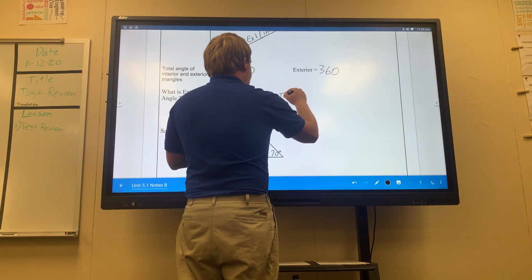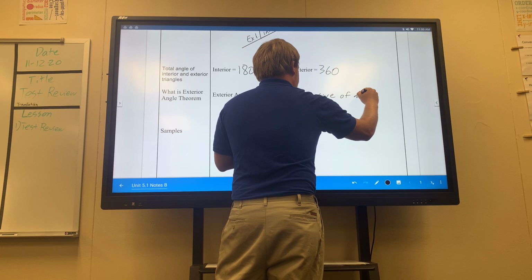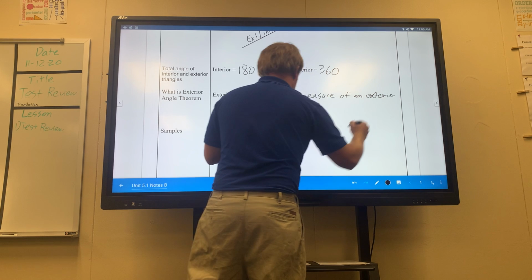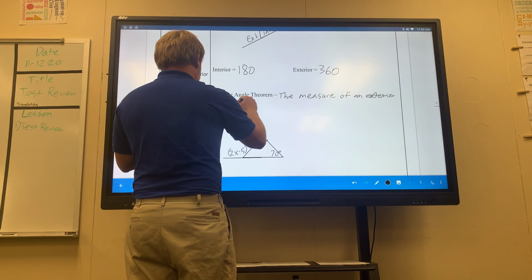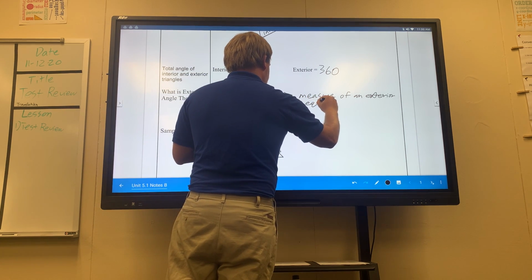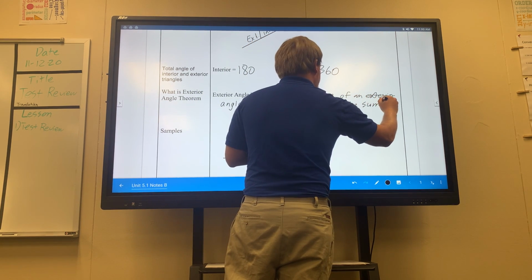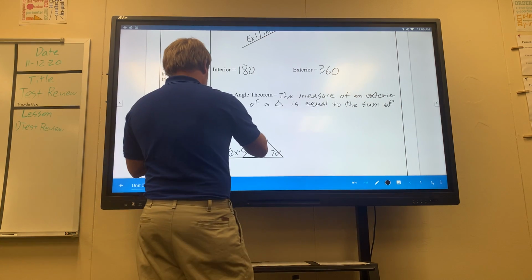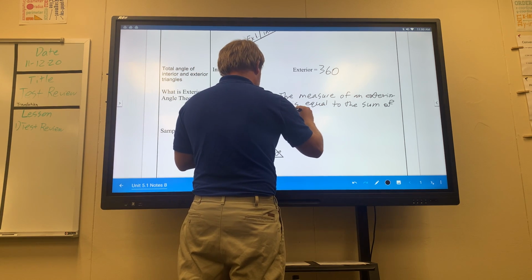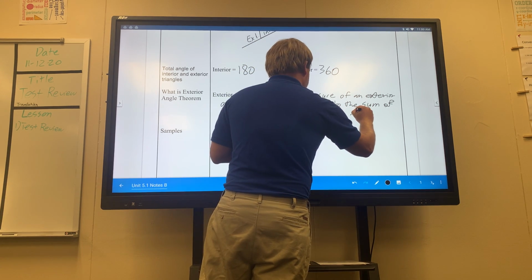So what it says is that the measure of an exterior angle of a triangle is equal to the sum of the two non-adjacent interior angles.